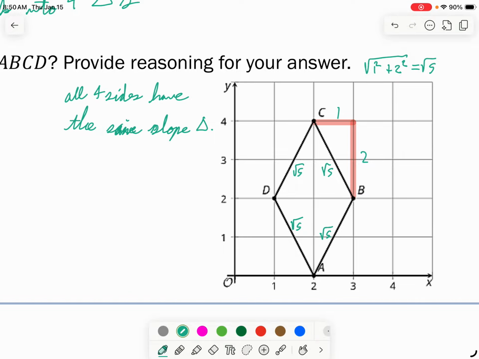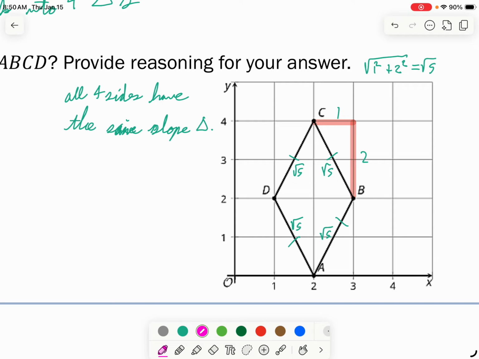Oh, well, that's kind of nice. We got the square root of 5 for each one. That means all 4 sides are congruent. So it's a quadrilateral where all 4 sides are congruent.